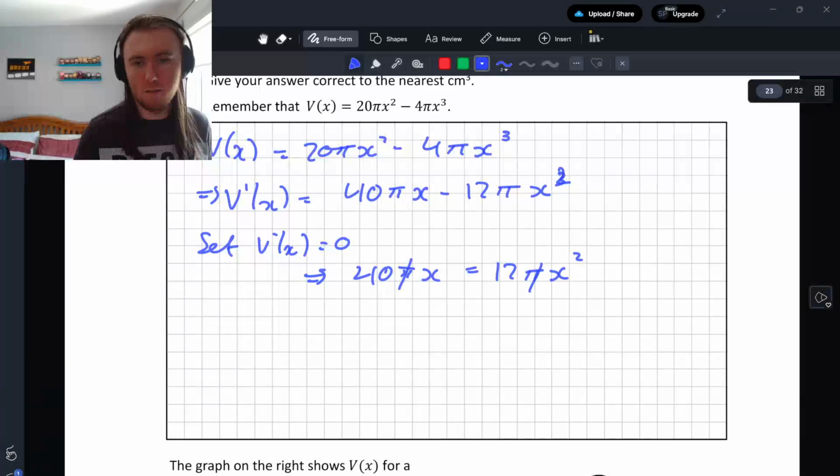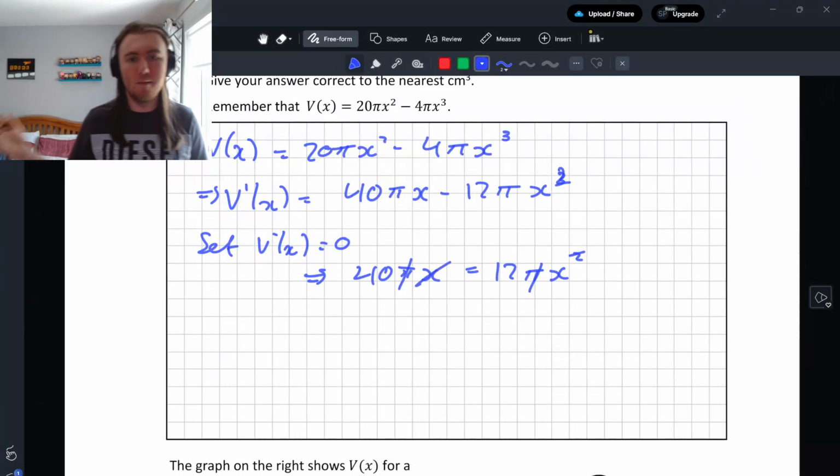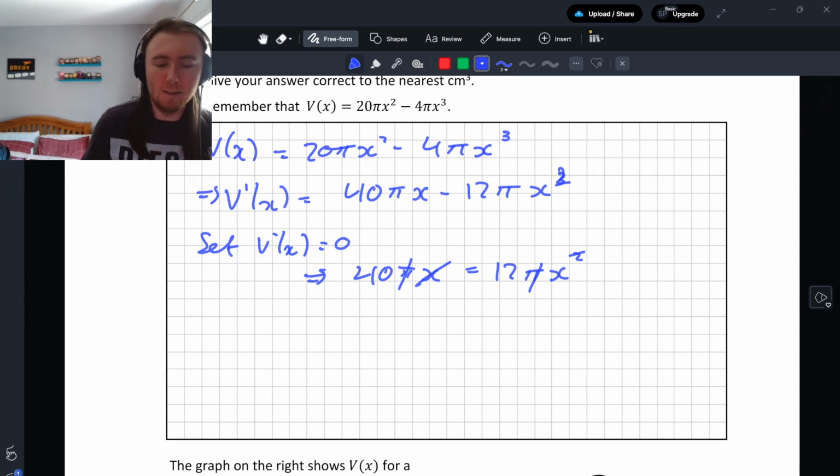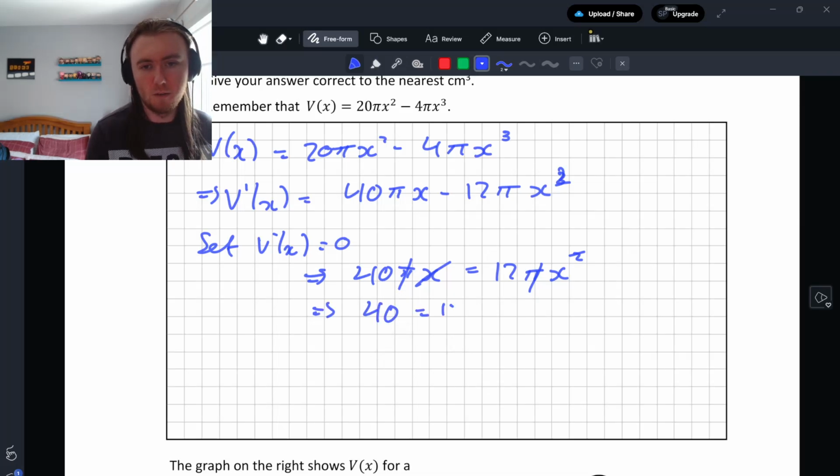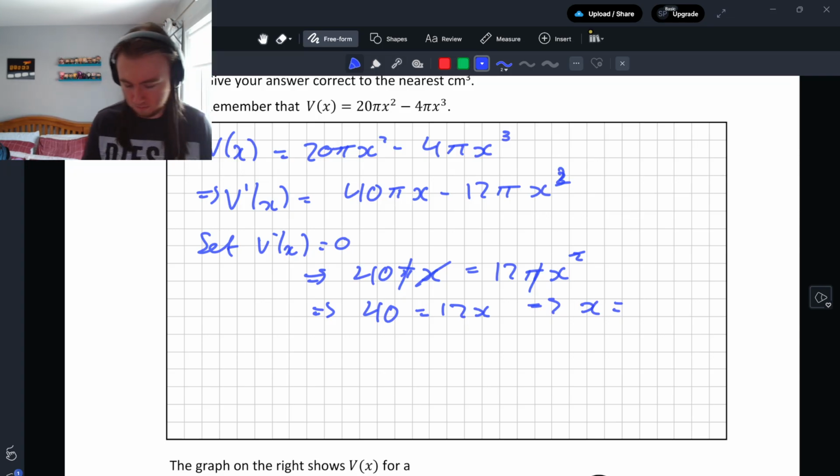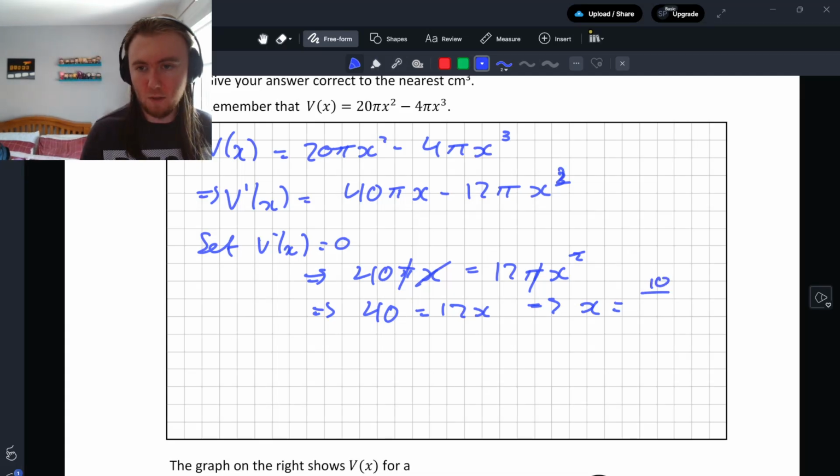So the pi's cancel. One of the x's cancel, because when x is 0, it's not a cylinder, so we can perfectly discard it. We get 40 is equal to 12x. So x is just 40 over 12, which I'll just have as 10 thirds.